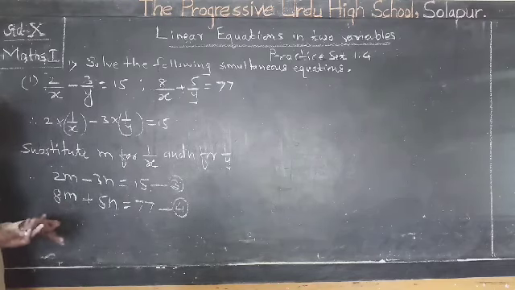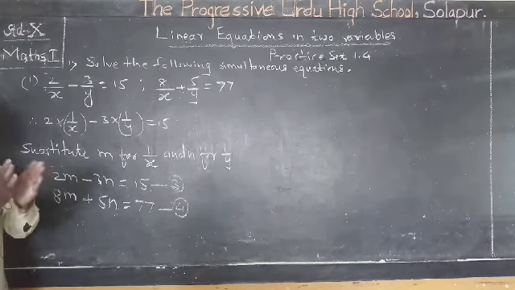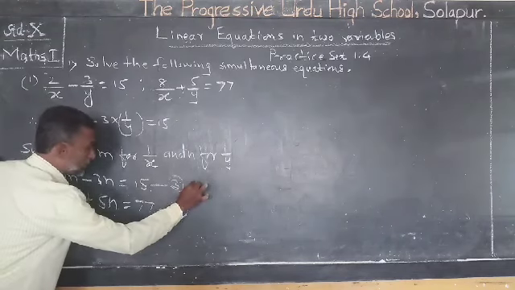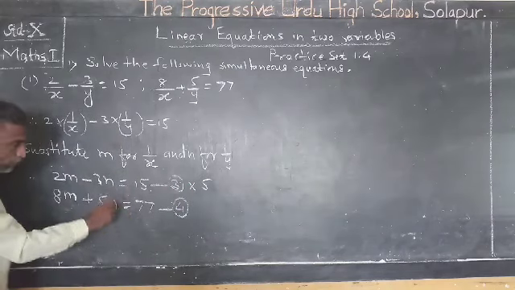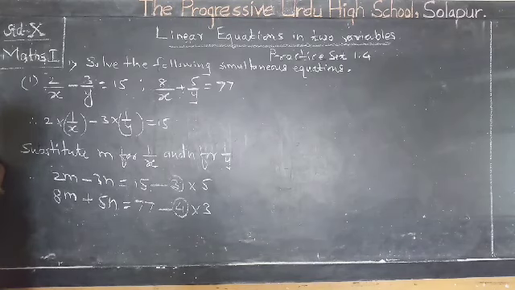Now, the coefficients of any one of the variables should become equal. So what should we do? Multiply equation number 3 by 5 and equation number 4 by 3. You will get another two simultaneous equations.